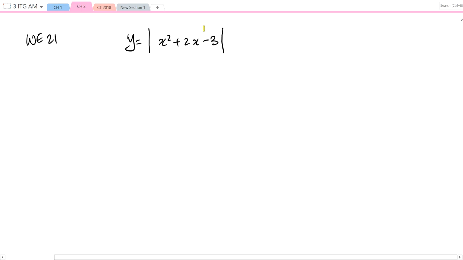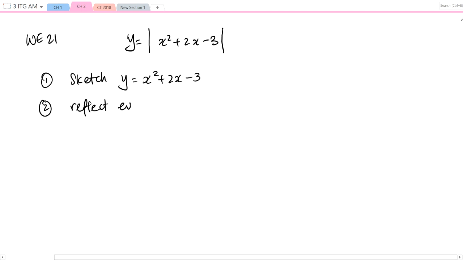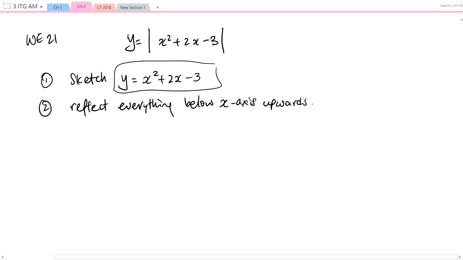Does the step change? No, actually the steps do not change. So our step number 1 is still the same. Sketch y equals x squared plus 2x minus 3. So second step, reflect everything below the x-axis upwards. Okay, so step number 1. We've learned how to sketch this in E-maths.